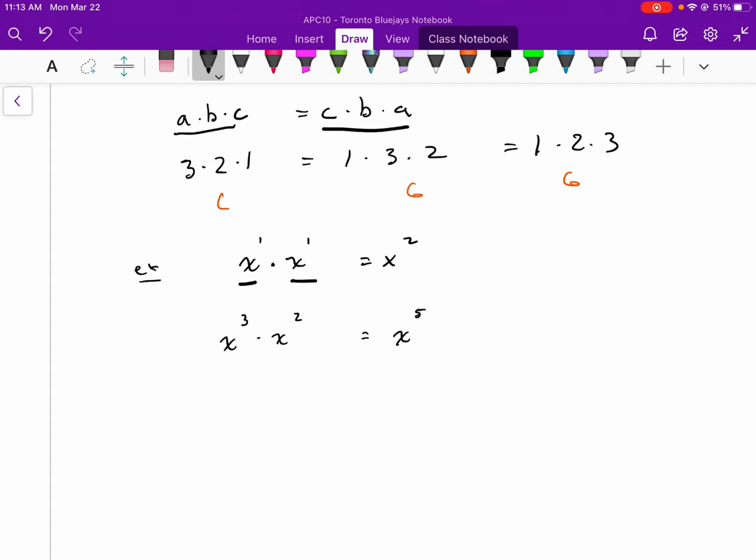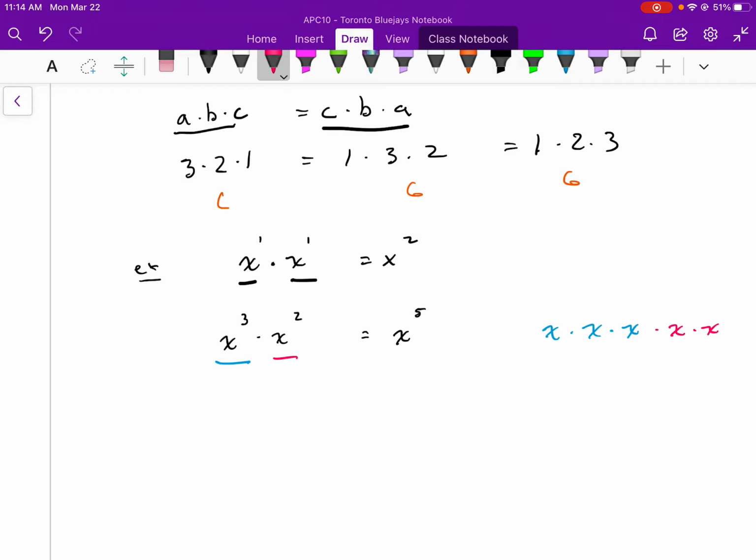If you want a greater explanation for that, I'm going to denote all the factors of x cubed in blue, and all the factors of x squared in red. So why does this happen? Well, x cubed really means x times x times x. X squared means x times x.